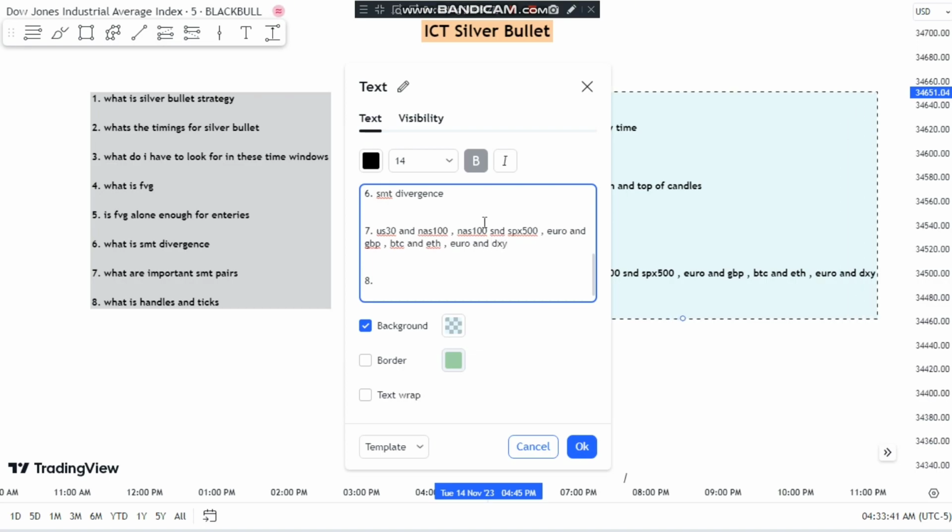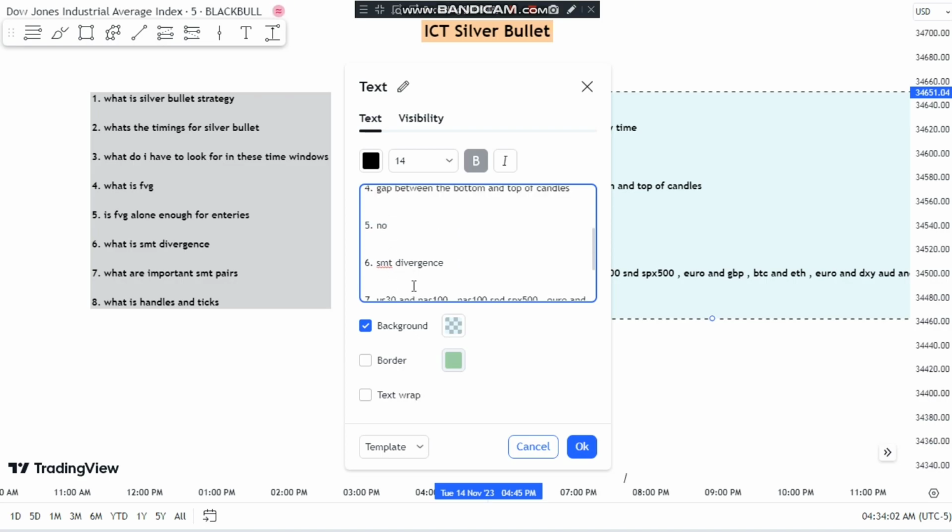So they are correlated pairs, but they are inversely related. If the price of euro goes up, DXY goes down. Also there is Australian dollar and New Zealand dollar. Okay, these are also correlated pairs. So these are some of the important pairs that I use for my trading. Okay, and I find SMT divergences between them, and then I look for fair value gaps.